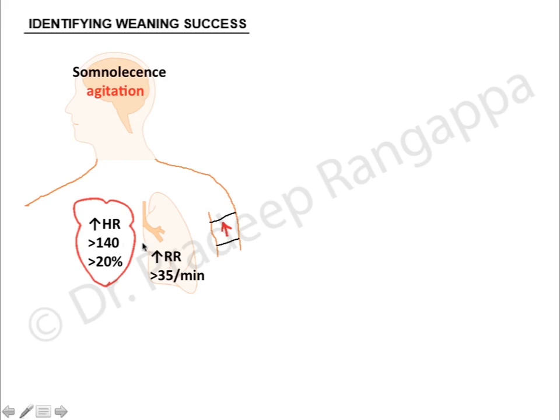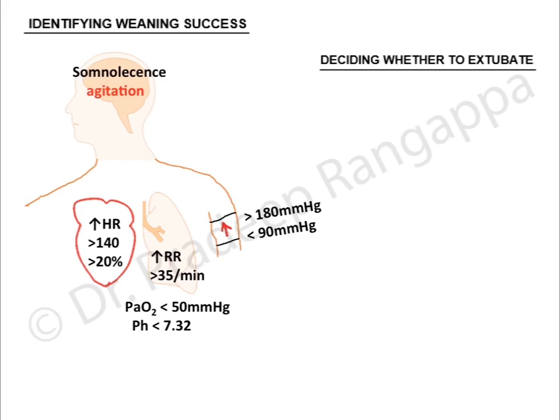You wouldn't put someone on a weaning trial when the respiratory rate is more than 35, or when they have hypoxemia or acidosis. Or if someone has extremes of blood pressure, hypotension or very high blood pressure, you wouldn't put them. These are some of the basic intuitive clinical variables which we follow. Our understanding is that most physiological variables should be in a normal range before you put someone on an SBT.